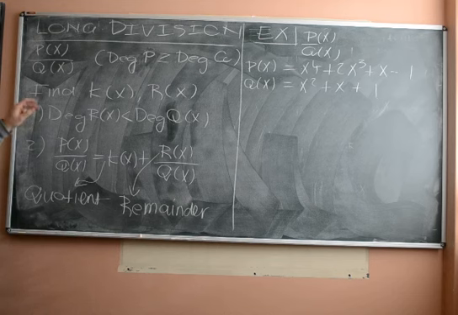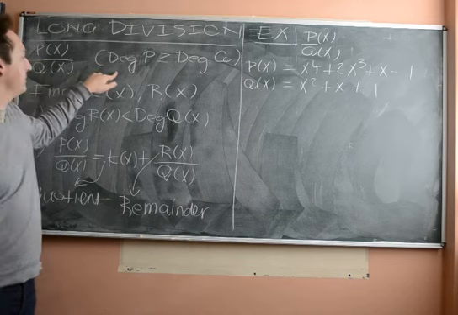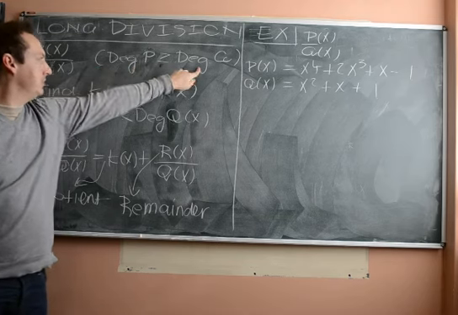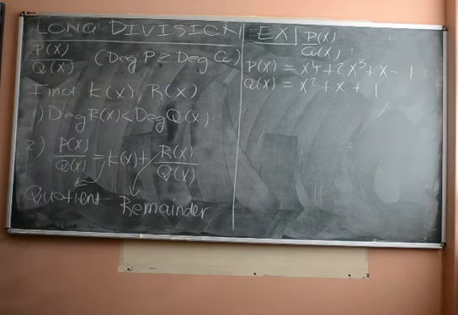We have two polynomials, p and q, and the degree of p is greater than or equal to the degree of q. So if the degree of q is, say, 3, so we have an x cubed term in q, then we will have an x cubed or an x fourth or any larger power term in p. Now what we want to do is the following.